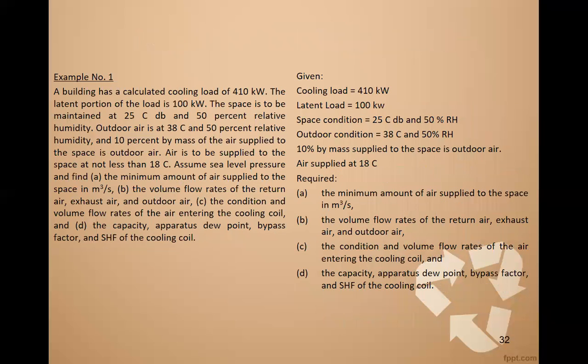So, example number 1. A building has a calculated cooling load of 410 kilowatts. The latent portion of the load is 100 kilowatts. This space is to be maintained at 25 C and 50% relative humidity.